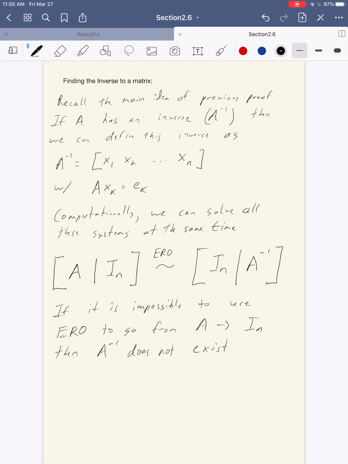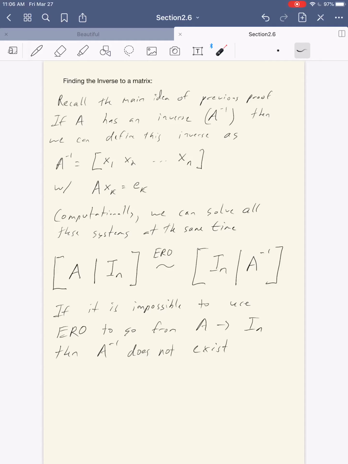And if you think about it, that should make sense, because if you are unable to take A via elementary row operations to the identity, then that means that the rank of A is not equal to n, because at some point when you're doing those elementary row operations to A, you'll get a 0 row, which means that it doesn't have full rank, and from our previous theorem, we know that that means that the inverse doesn't exist.